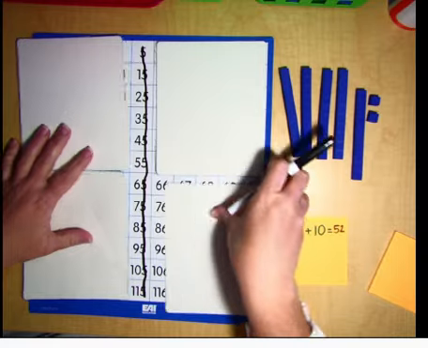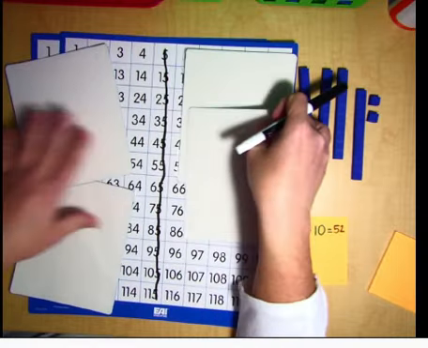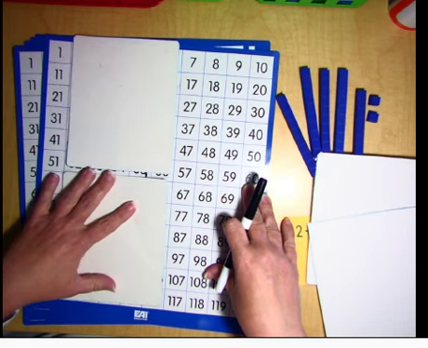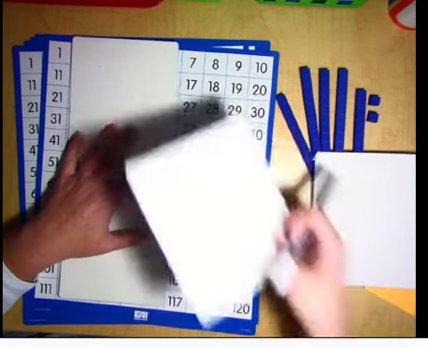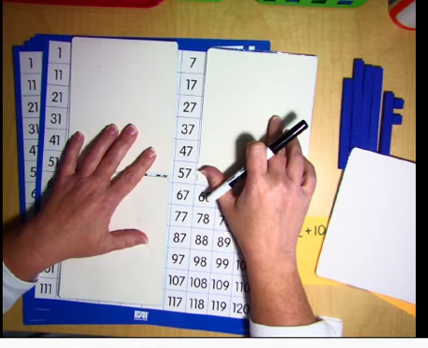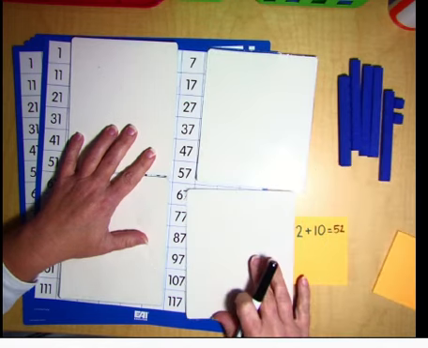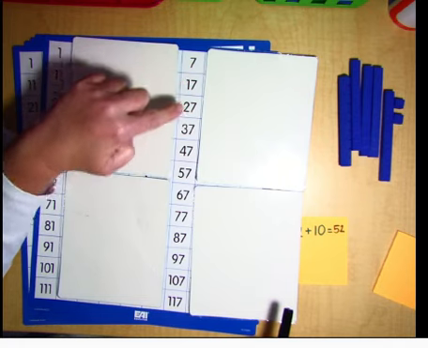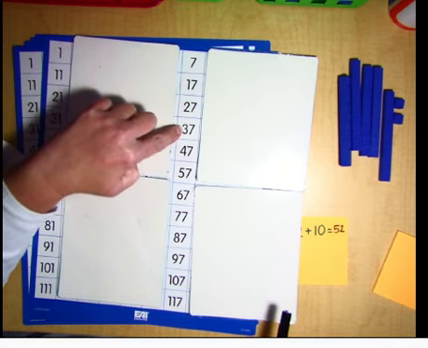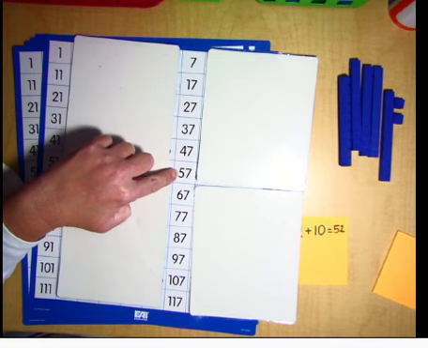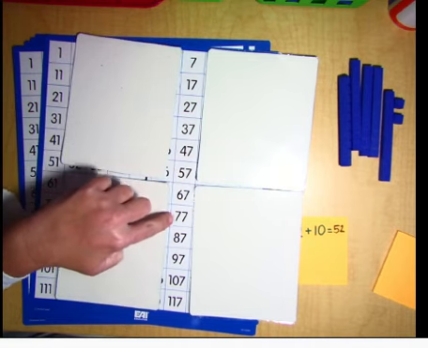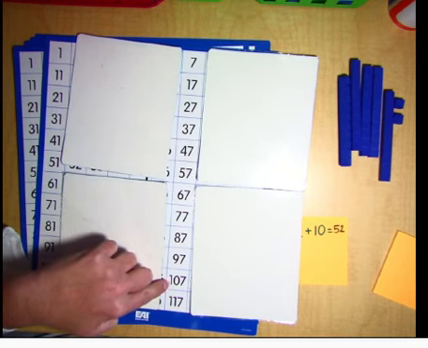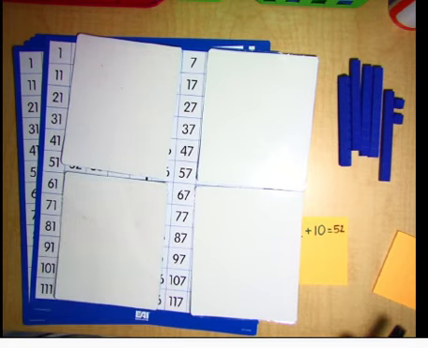All right, let's do it one more time on another group of numbers. Let's look at the sevens column. Count by 10, starting with 7. 7, 17, 27, 37, 47, 57, 67, 77, 87, 97, 107, 117.